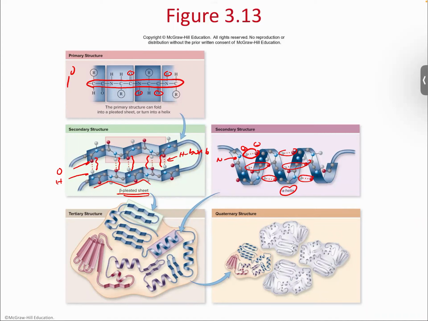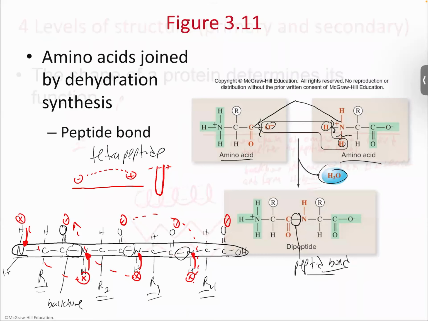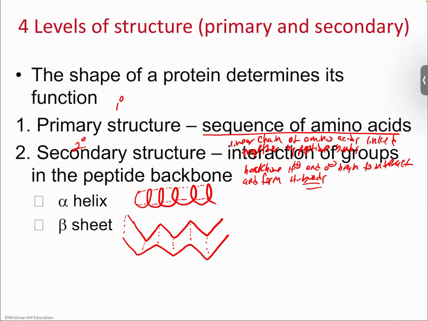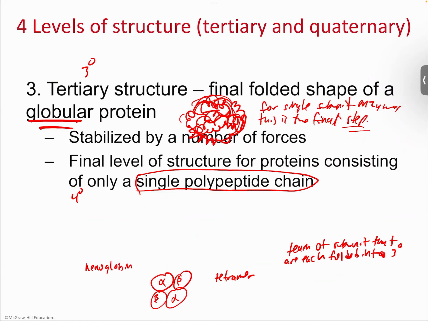Now, the important thing, and I don't know that I mentioned it, but I want to go back and write it down. In tertiary structure, what's driving tertiary structure?